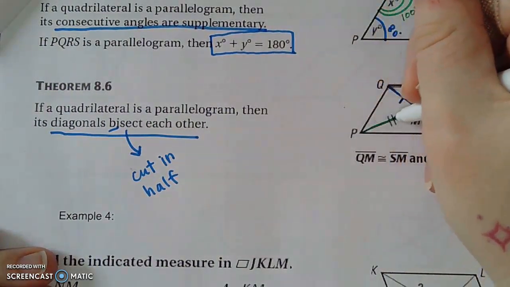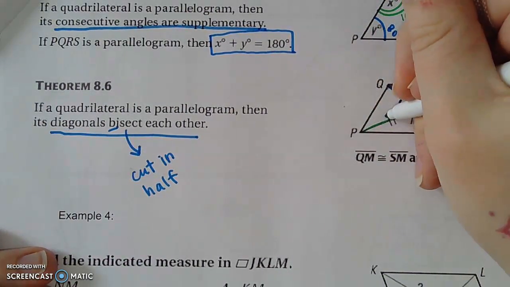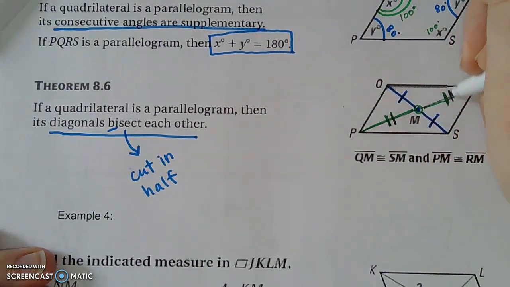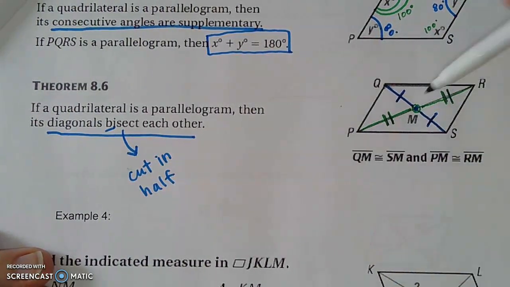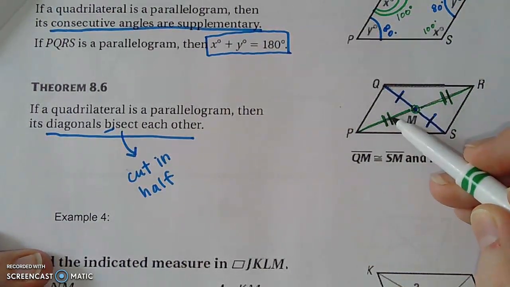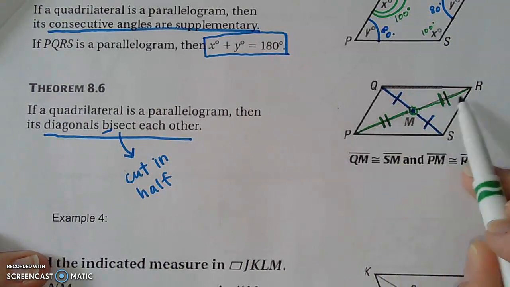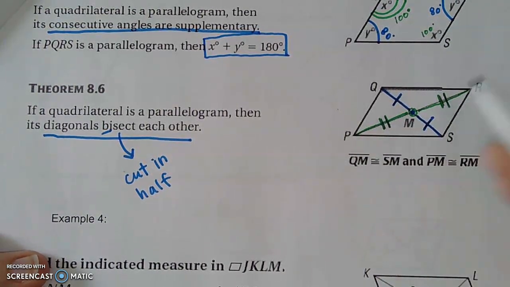P to M is congruent to R to M. And we have two dash marks because, honestly, it looks like PM is going to be a longer length than QM, so we can't say that these are congruent. I can just say that each diagonal is getting cut in half, and those two halves are going to be congruent.